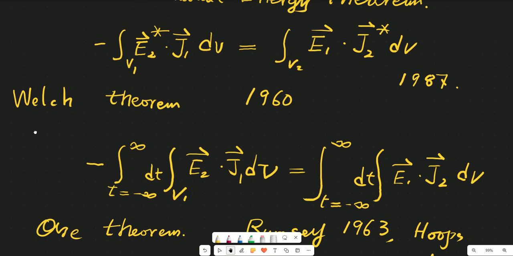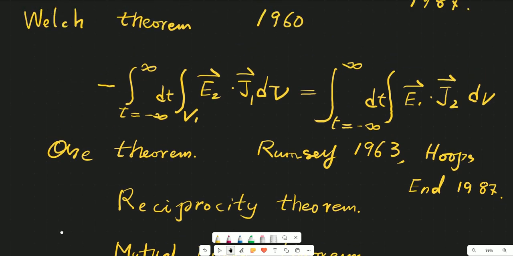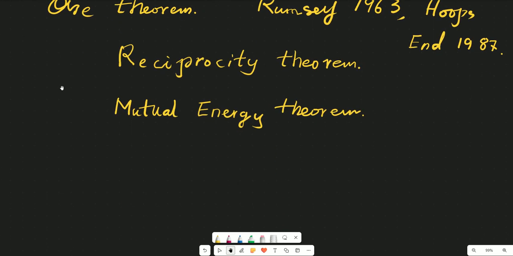But if it is called the reciprocity theorem, that means of the two currents, one is physical and the other is virtual. So there is some difference between the reciprocity theorem and the energy theorem.